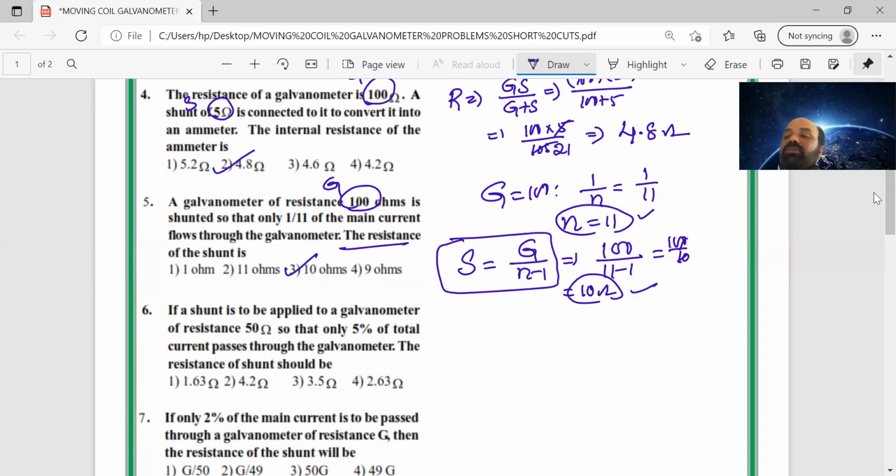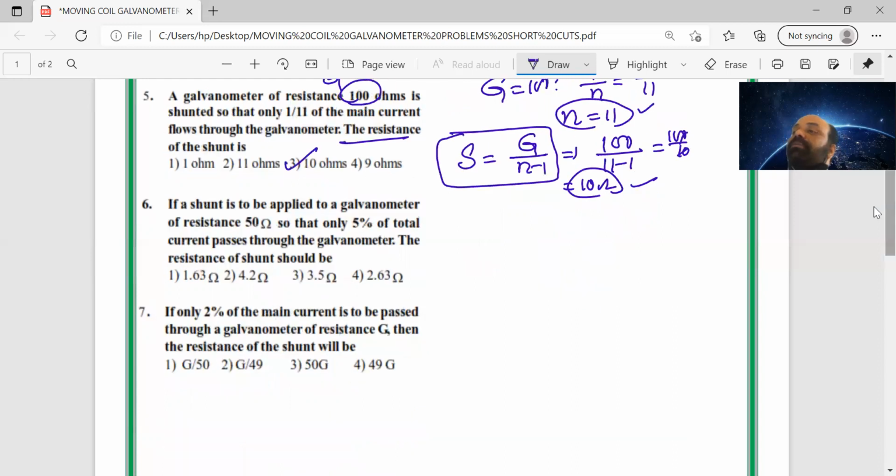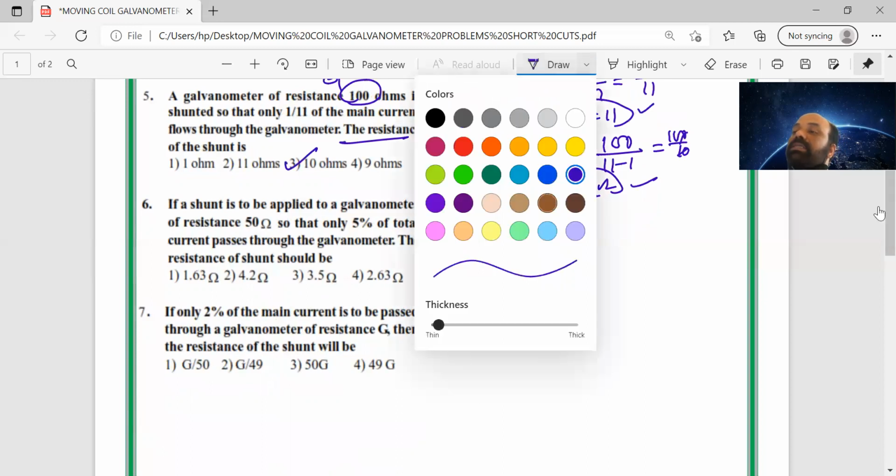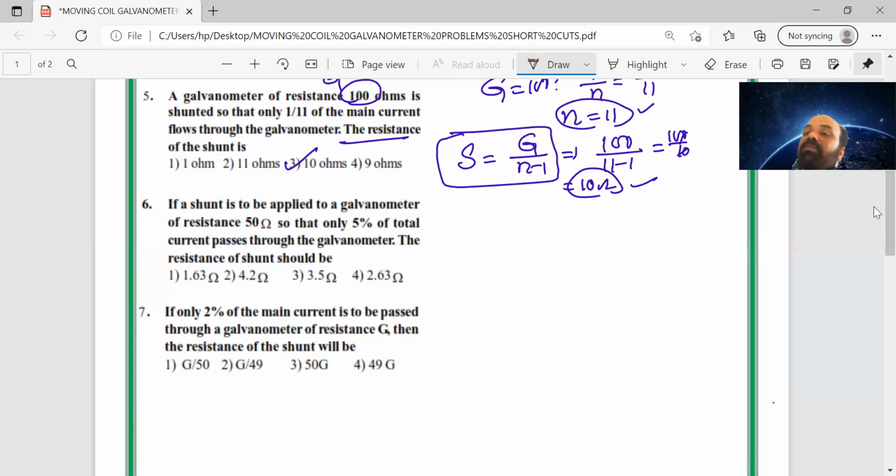I hope you understood. Now see, sometimes they will give a percentage. See problem number 6. This is another way they may ask the question. 5%, this is the galvanometer resistance, this is the G value. 5% means 5 by 100 means 1 by 20.